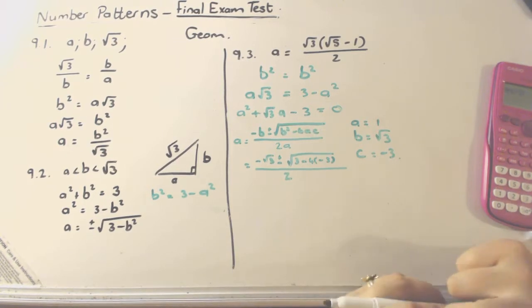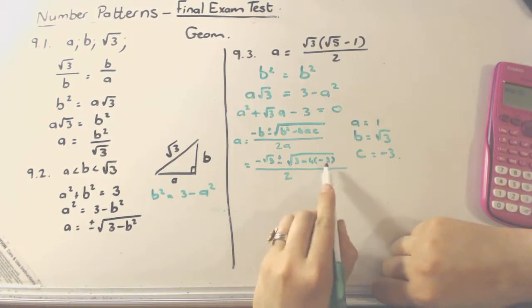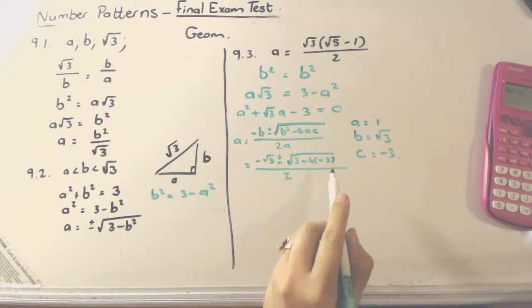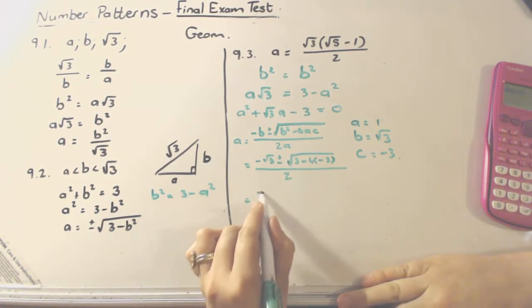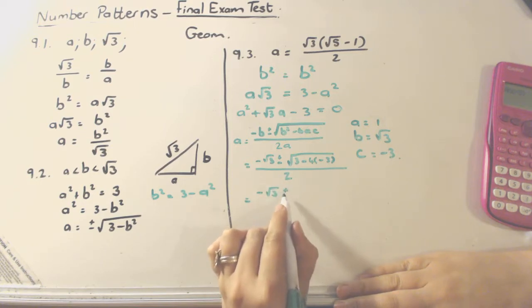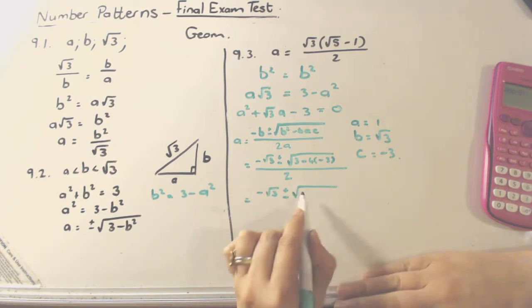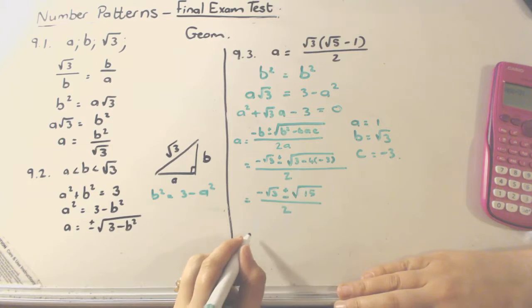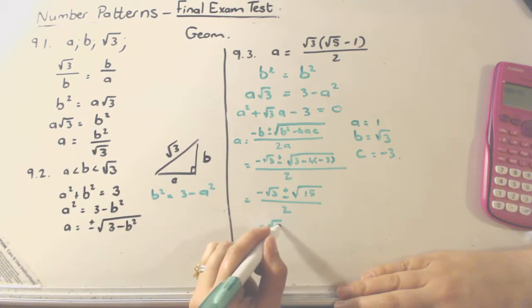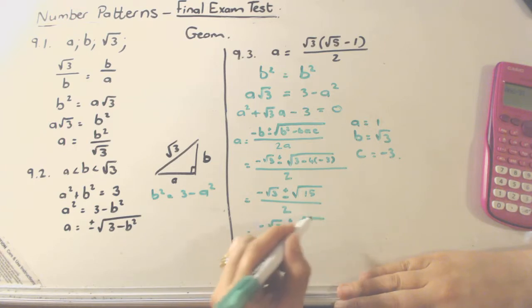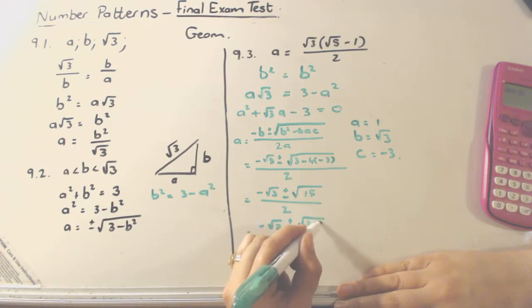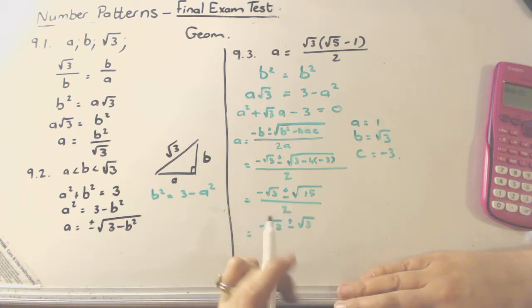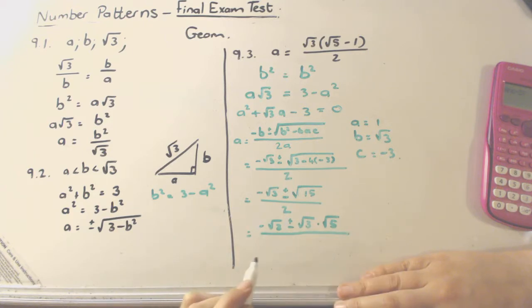Right, and this is then 3 plus 12, which is 15, so root 15. This is then minus root 3 plus or minus root 15 over 2. And 15 you can write as 3 times 5, which is root 3 times root 5.